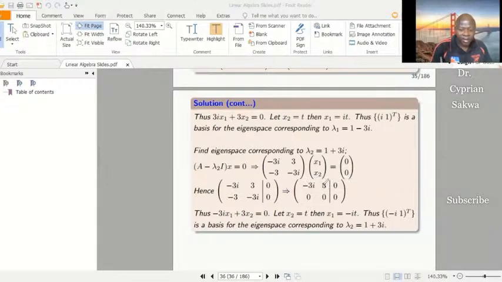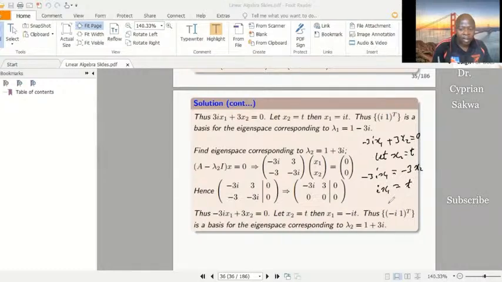Then again, let's look at this and realize that I have negative 3i x1 plus 3x2 is equal to 0. So x2 is a free variable, let it be t, so that negative 3i x1 will be negative 3x2, or that i x1 would be t.